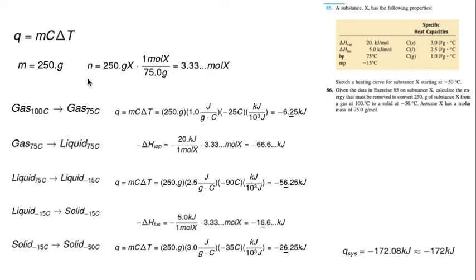So the most important aspect of this problem is that you write out in this kind of note formation the changes in state, because there's going to be 5 different possible calculations for these type of problems.